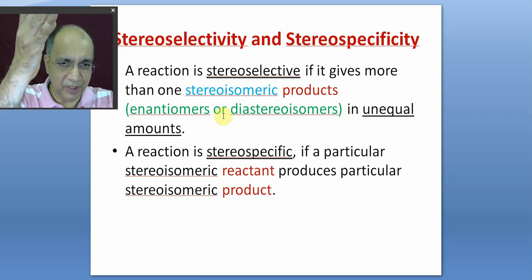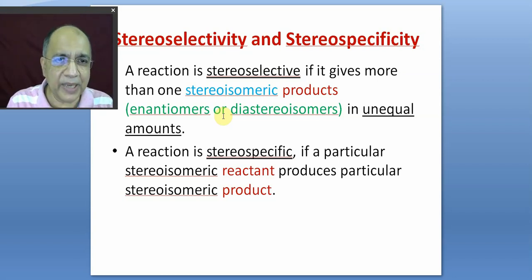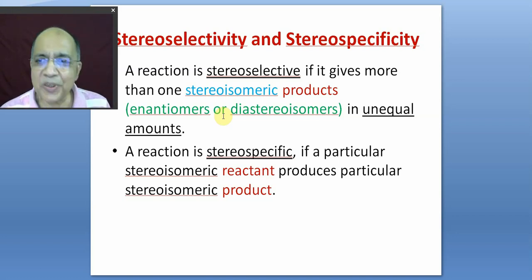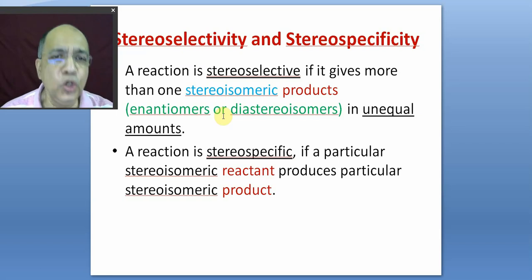So if a fixed stereoisomeric reactant gives a fixed stereoisomeric product, not a mixture of two, then we can call it a stereospecific reaction. But the stereospecific term is often loosely used.